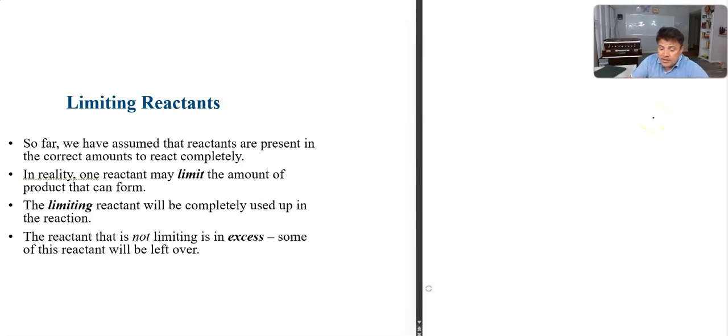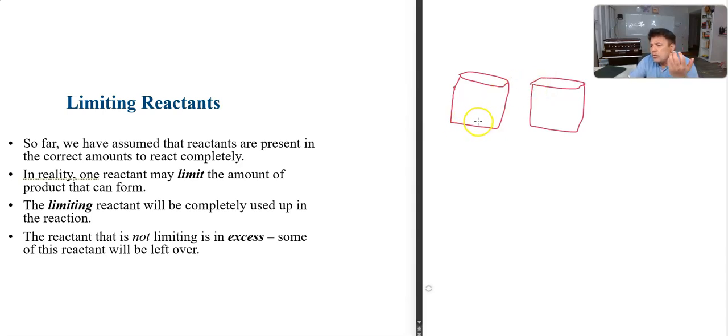Okay, last time we studied the different chemical reactions, but you know that if you mix, for example, you are doing an experiment in the lab, suppose that you have reactant A and reactant B. If you mix in equal molar proportion, then everything is going to react.